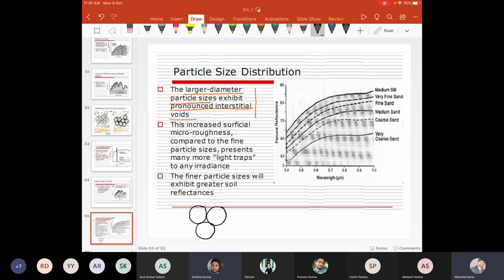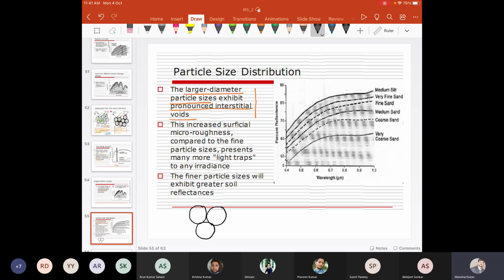Sir, water is a strong absorbent of light. In wet soil, the water molecules will be more, so it will absorb more light.